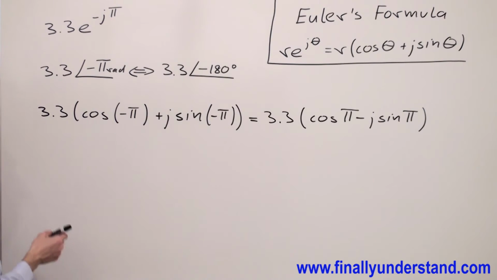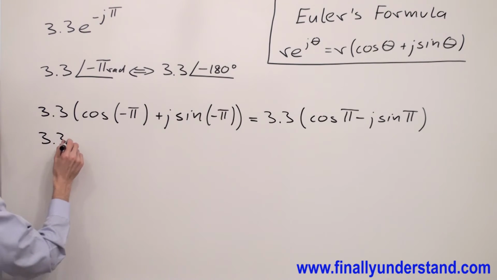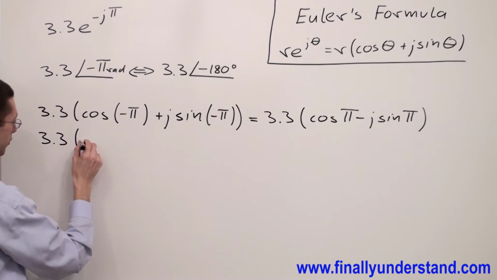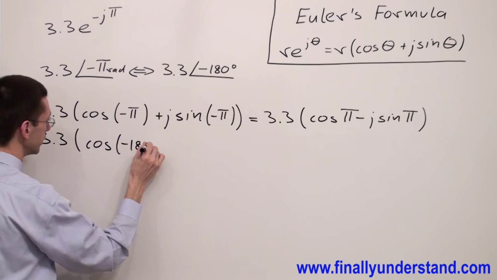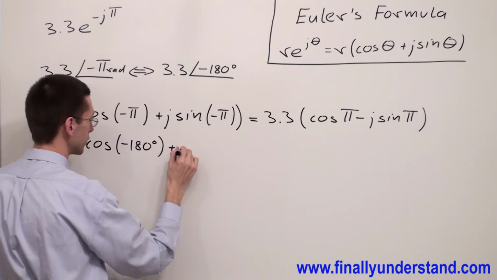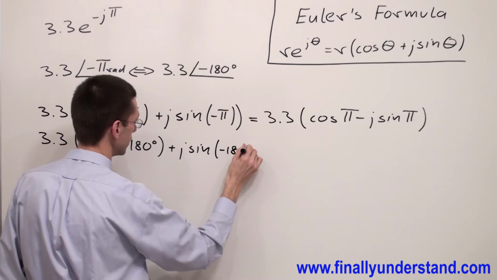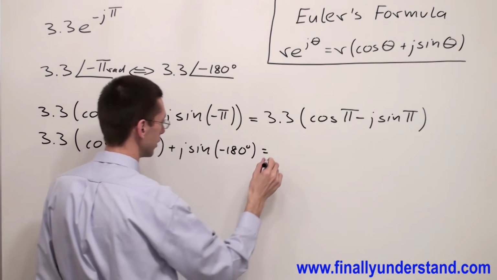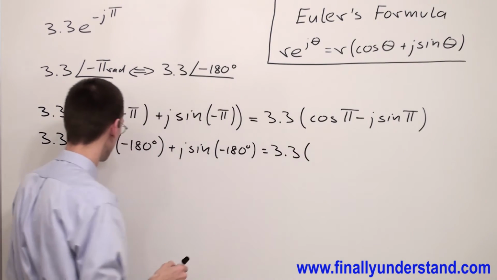Next, we can do the same thing with angle expressed in degrees. So I have 3.3 and I have cosine of negative 180 degrees plus j sine of negative 180 degrees, and this is equal to 3.3, and the same story.